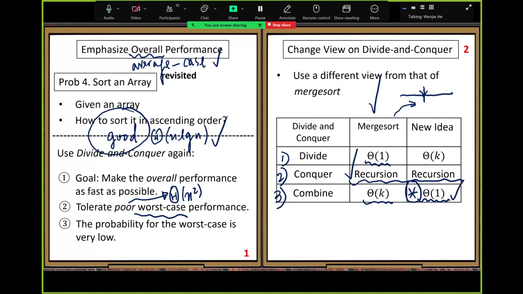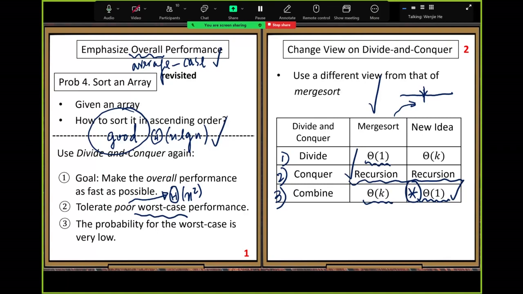But here it's a trade-off issue between the first step and the third step. If you put a minimum amount of work in one of the two steps, you have to do a lot of work in the other step, right? It's impossible to do minimum work in both steps.